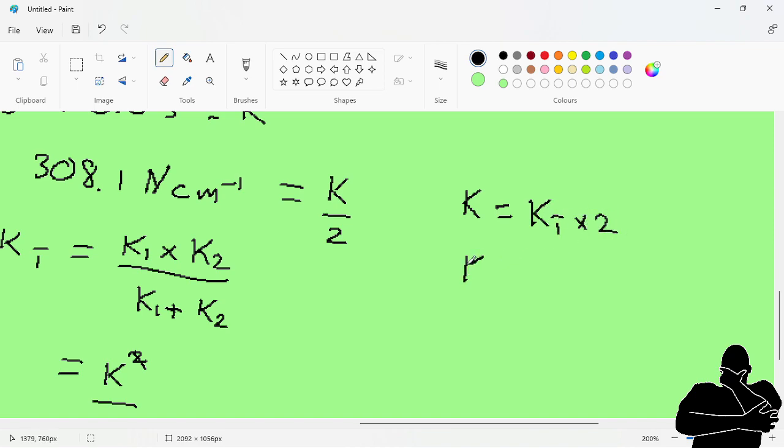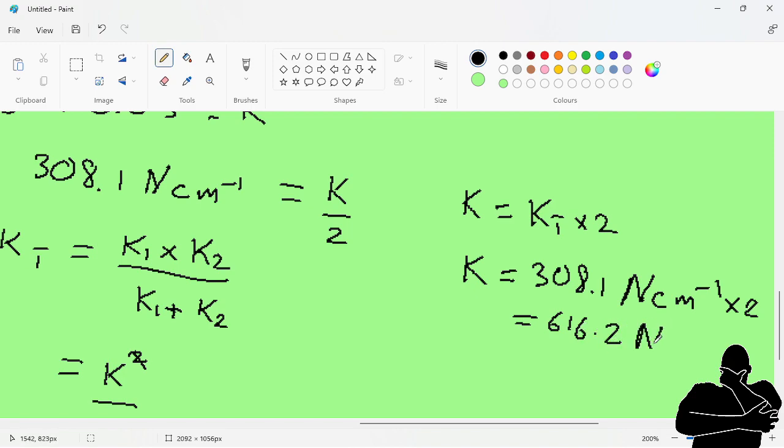So the spring constant for one of the springs would be 308.1 newtons per centimeter times 2, and that would give us a value of 616.2 newtons per centimeter.